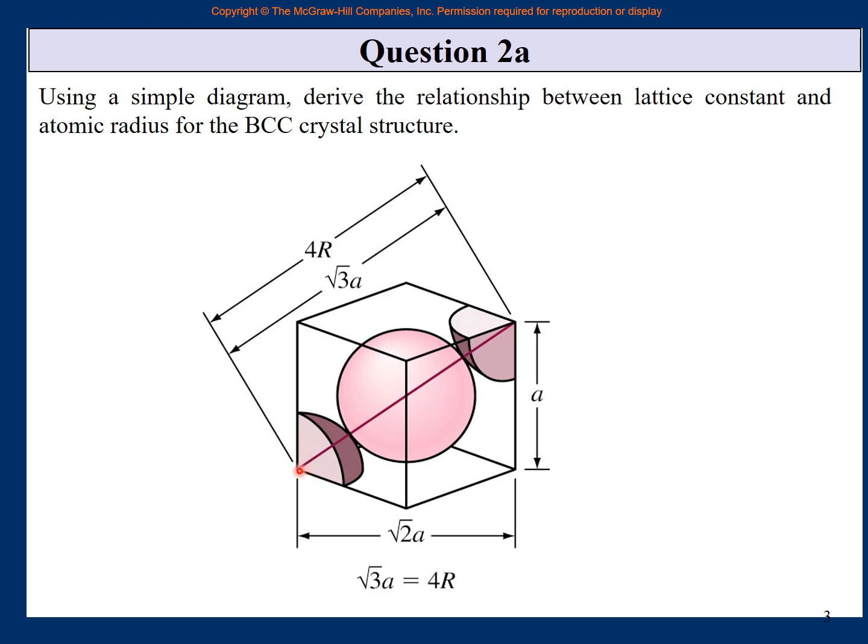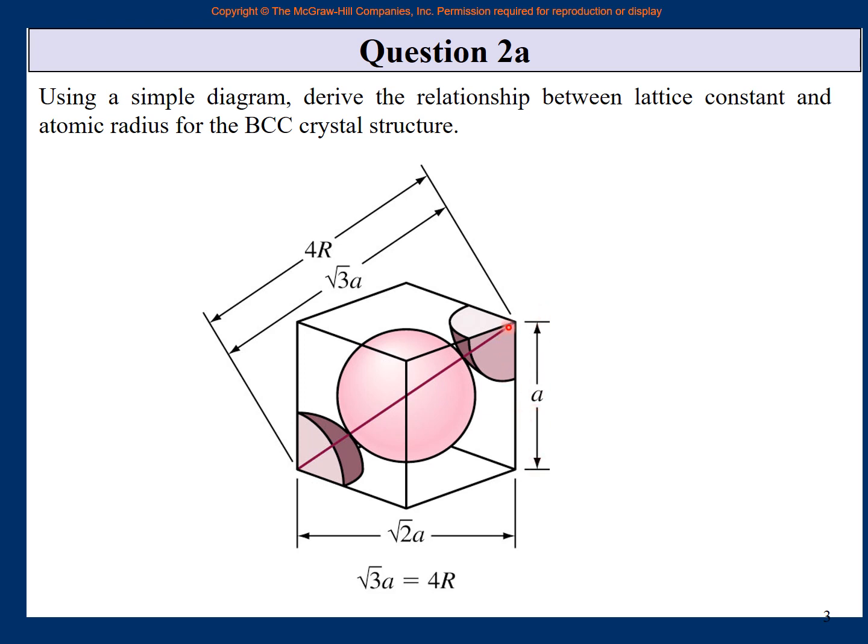Once you show this one, if I have to find this length in terms of radius, this is one radius, this is two radius, this is one radius. So in terms of the radius of the atom, it is 4r. But otherwise we have to find it. You know that any side is a.